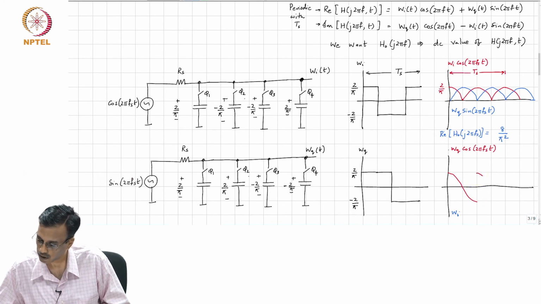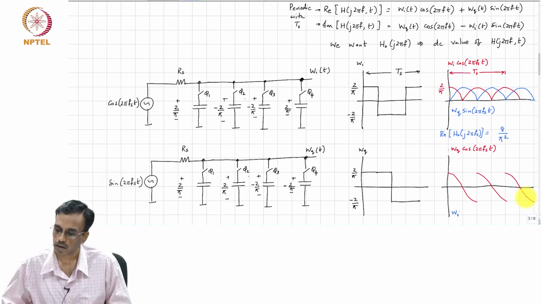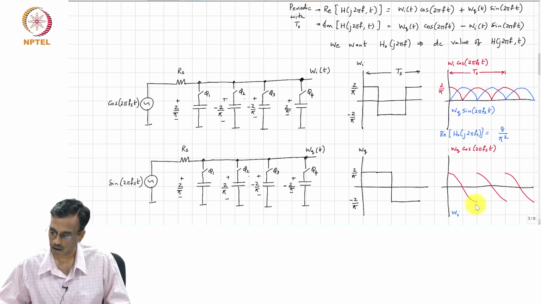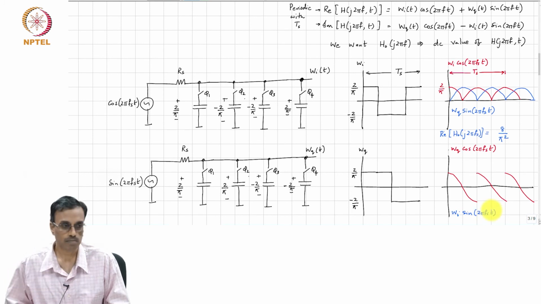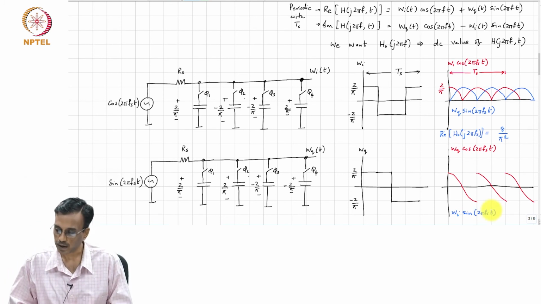Right, and we need Wi sine 2 pi Fst. Now, how does that look like? Wi looks like that.